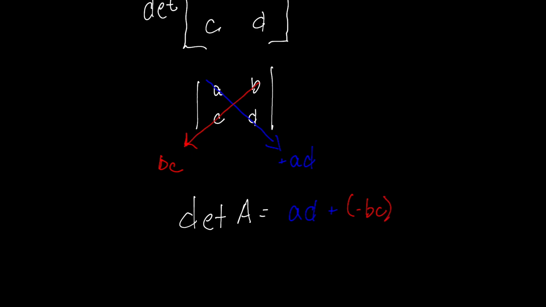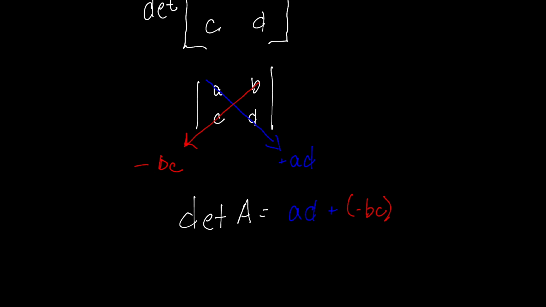So when we go down and to the right, those are positive. When we go down and to the left, we classify those as negative. So when we're going backwards down to the left, these are negatives.